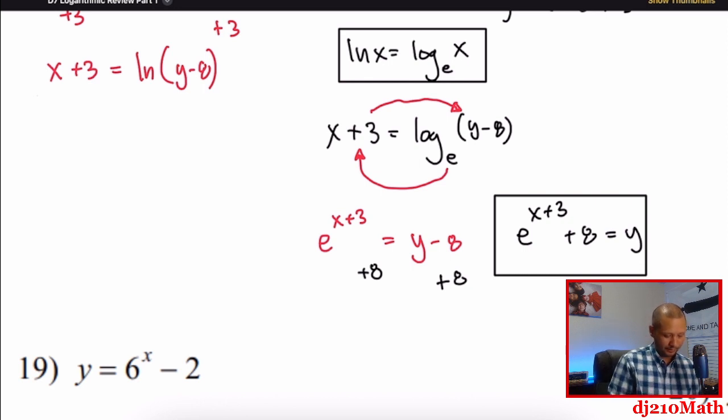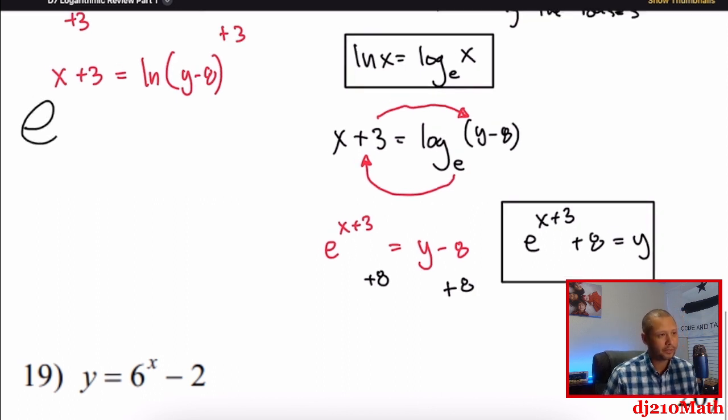So, in a sense, we can raise both sides of the equation, right? Like I'm applying e to both sides of the equation, right? This is base e to the power x plus 3. On the right-hand side, we have base e to the power ln y minus 8.